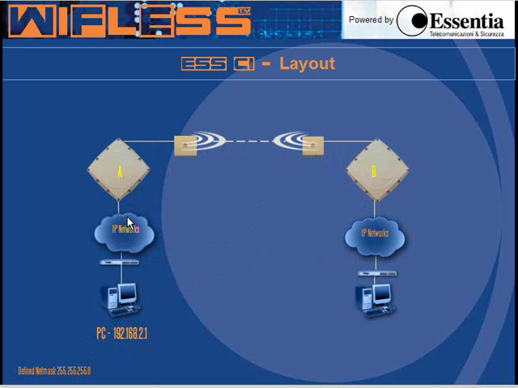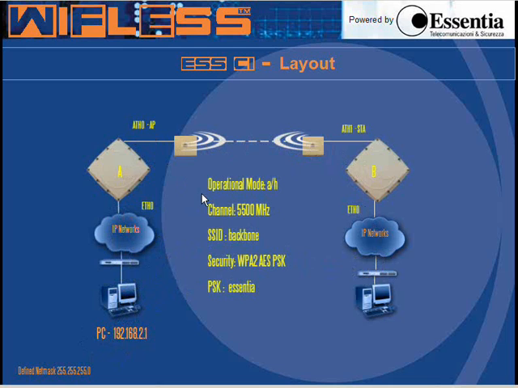Okay, we start with the layer 1 configuration of the devices in order to configure each side of the network. So we will create a radio point-to-point with operational mode AH, so working at 5 GHz.